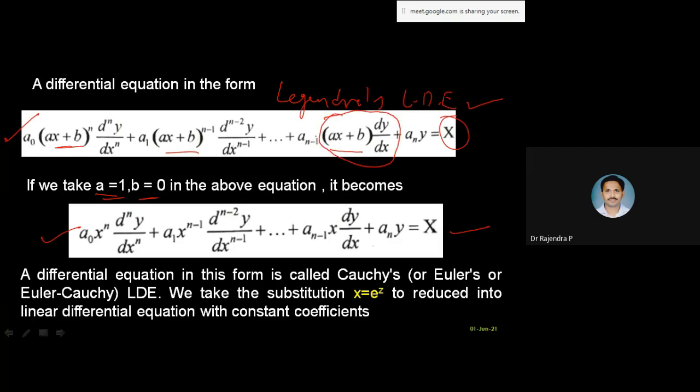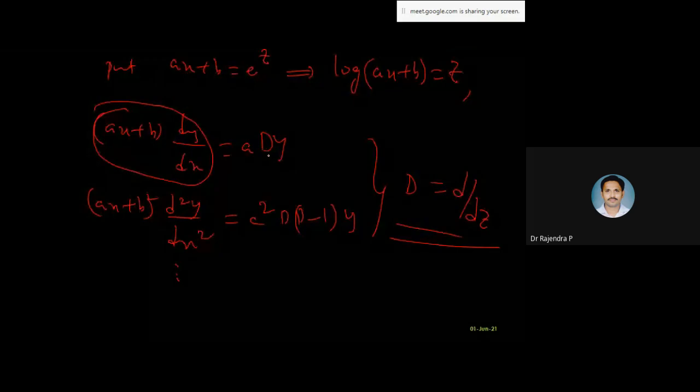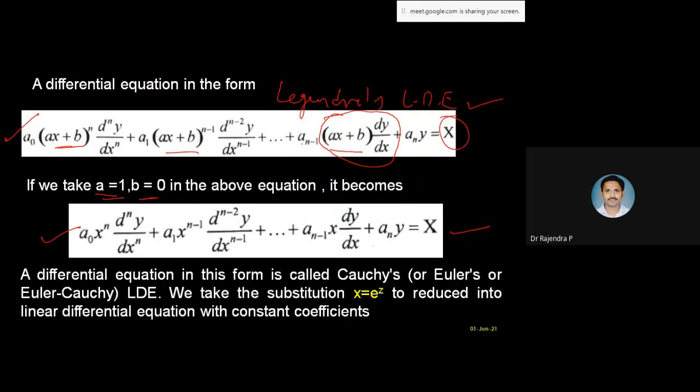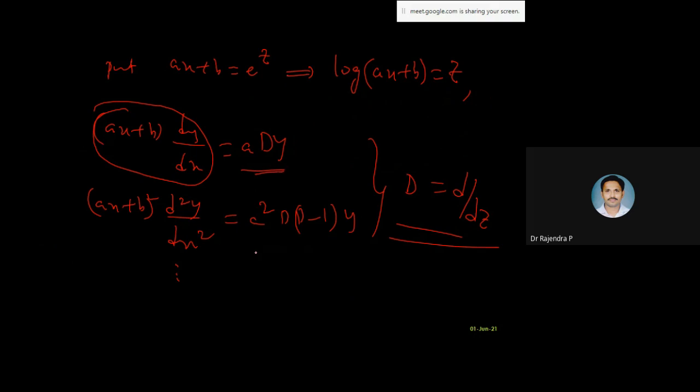In this place, I will substitute a into Dy. Similarly, we may have a second term, and in the second term I will substitute a square into D into D minus 1 into y, and so on.